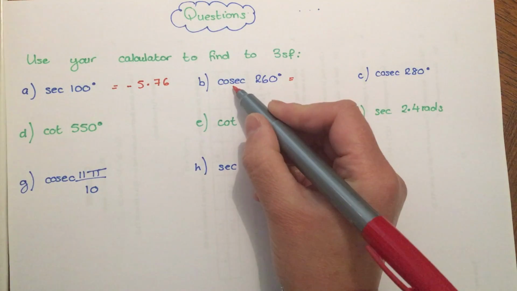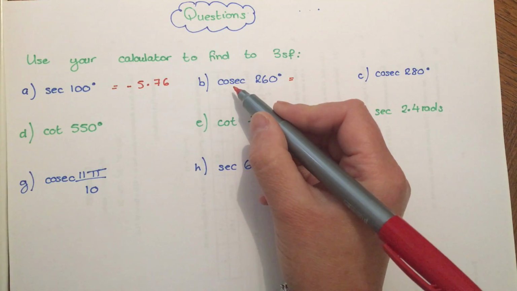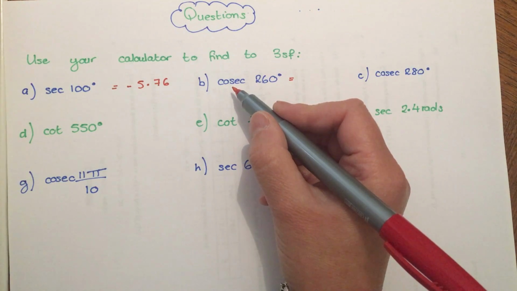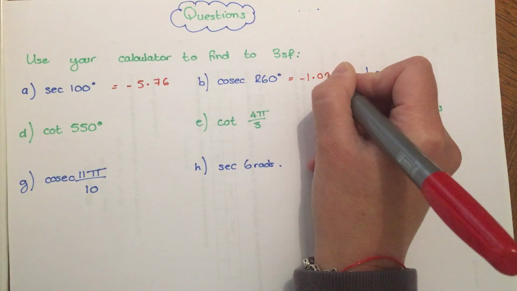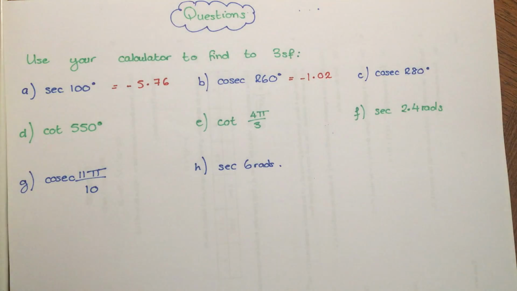So this would be 1 over sine 260. This would be 1 over sine 280.